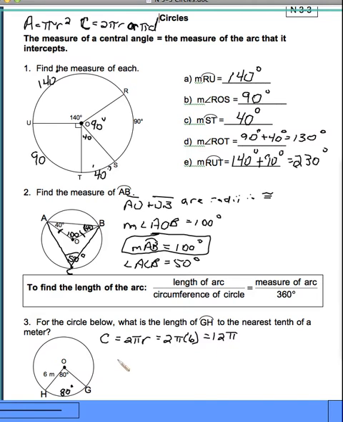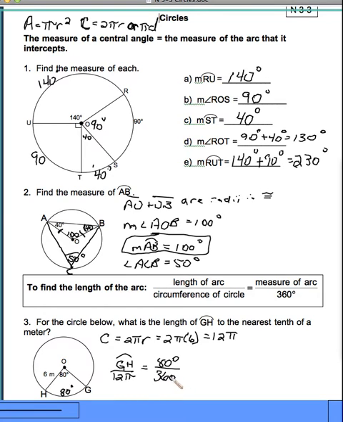So we can say the measure of the arc GH over 12 pi is equal to the measure of the arc, 80 degrees, over 360.